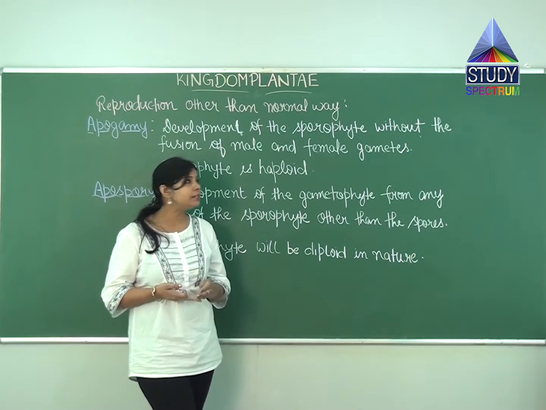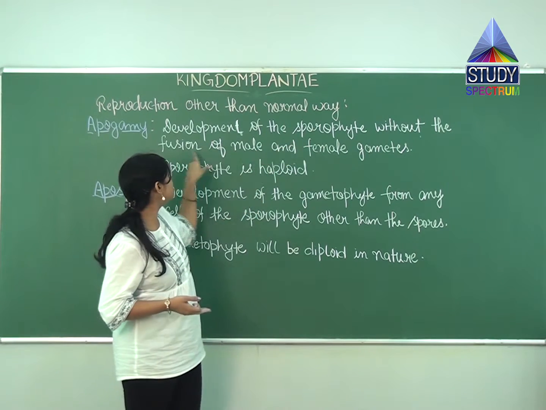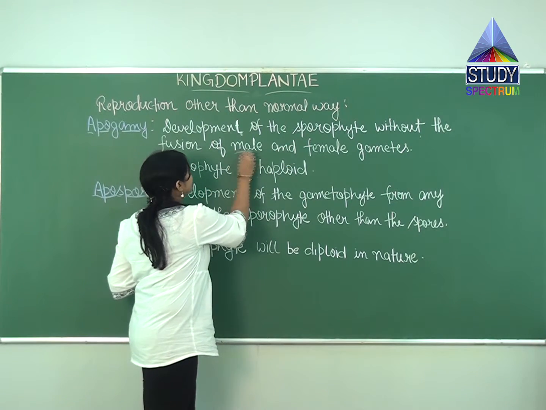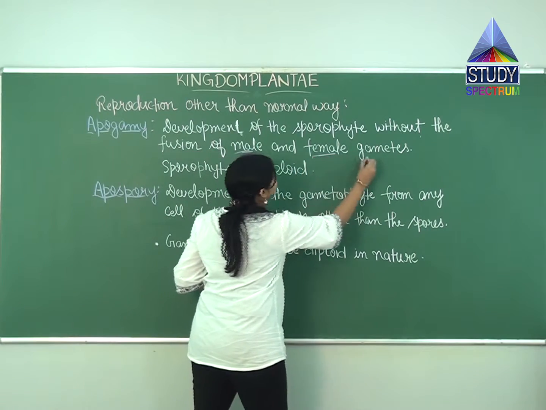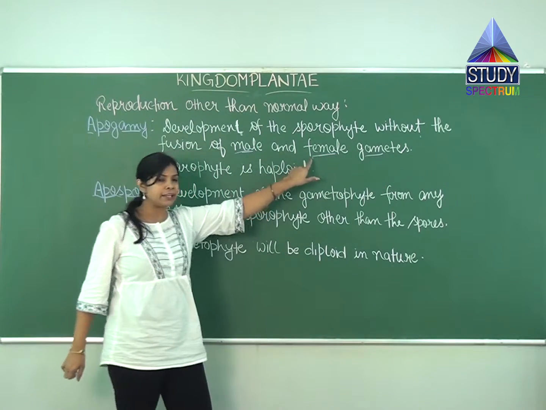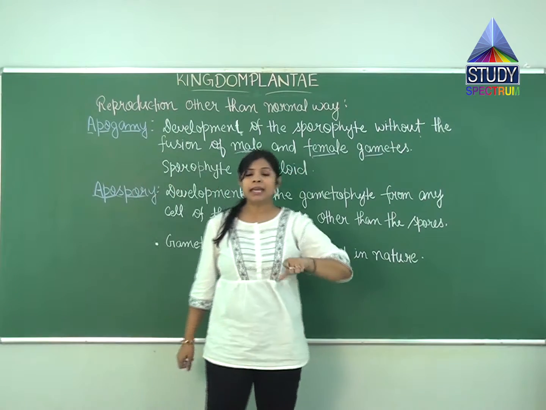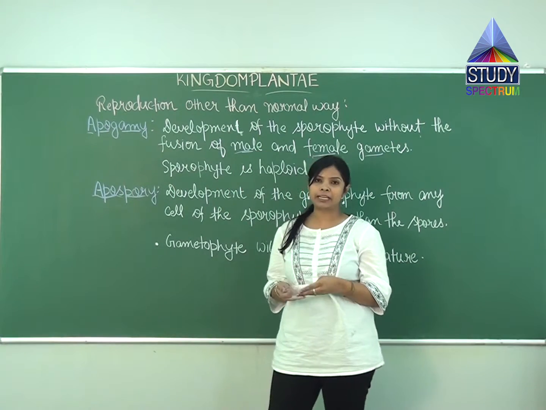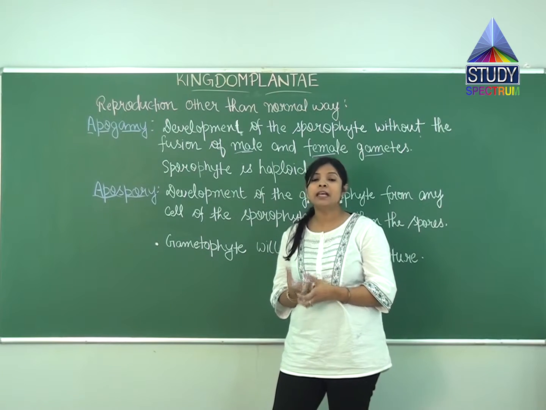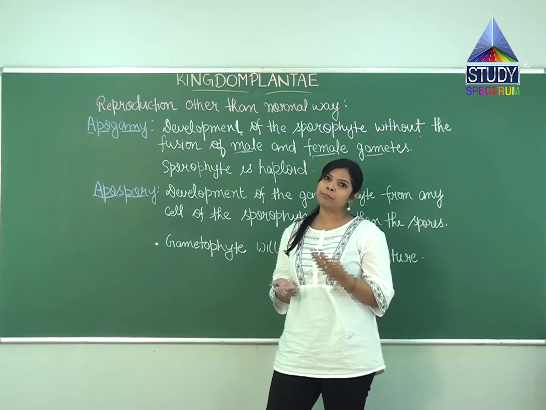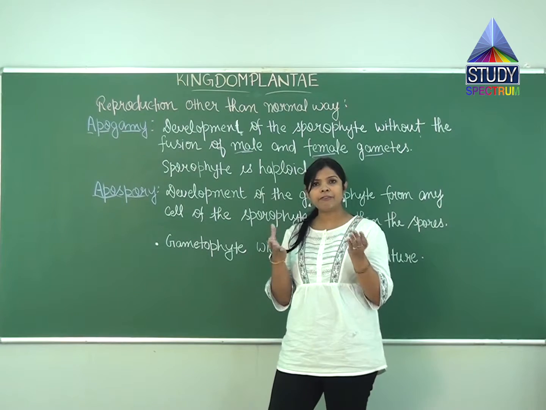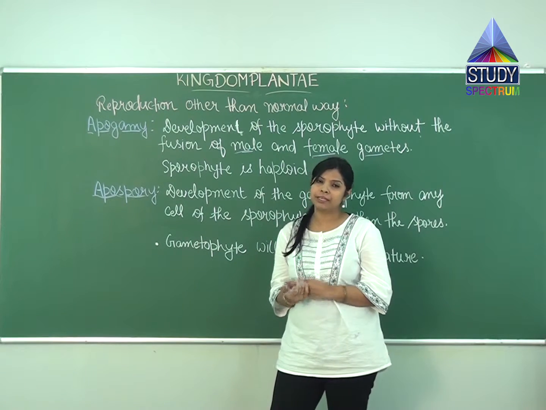But here, without the fusion of male and female gametes, fertilization will not occur. With normal fertilization, the zygote forms and that zygote will be diploid in nature, because fusion of male and female gametes takes place.